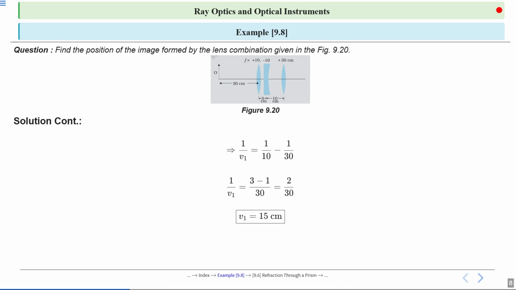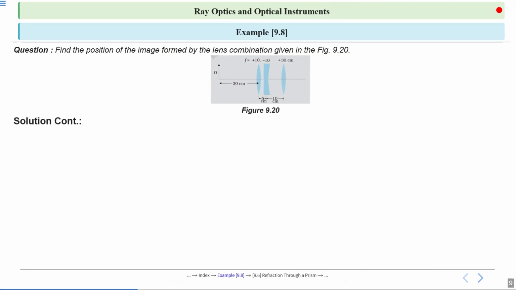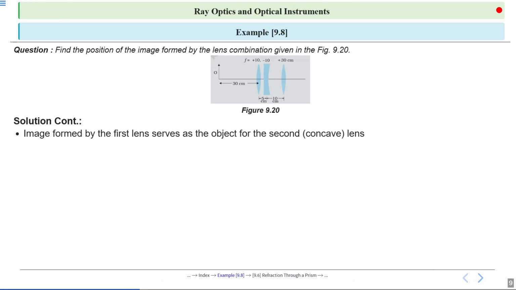It is important to note this value as it will be used in further calculations involving the lens combination.